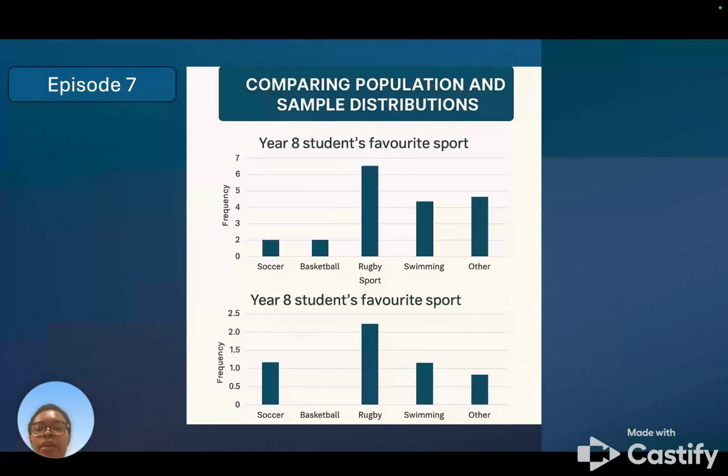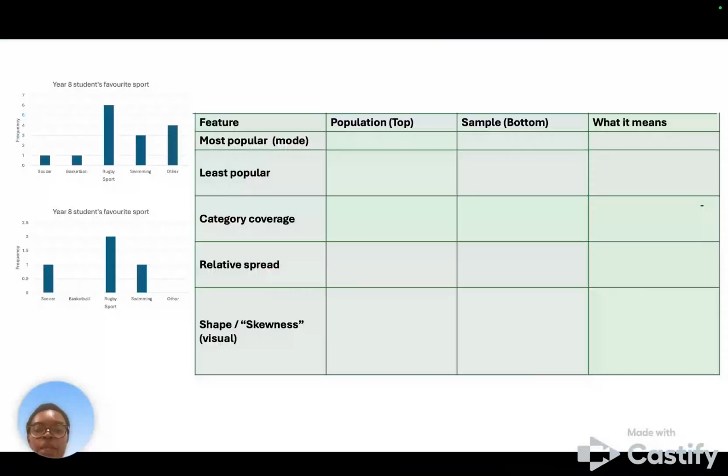Now that you have the graph for your full data and the graph for your sample, you can bring them side by side for comparison. Okay, we need to compare the distribution. So I have my own here. The top one is the full data graph, which is called the population graph, and the bottom graph is the sample graph.